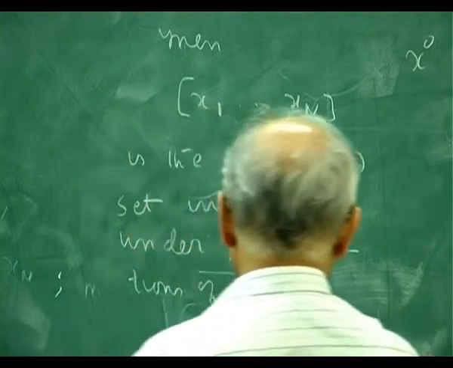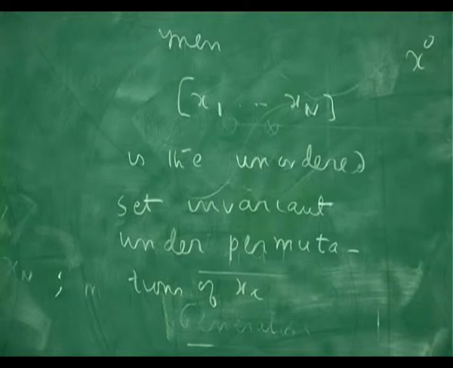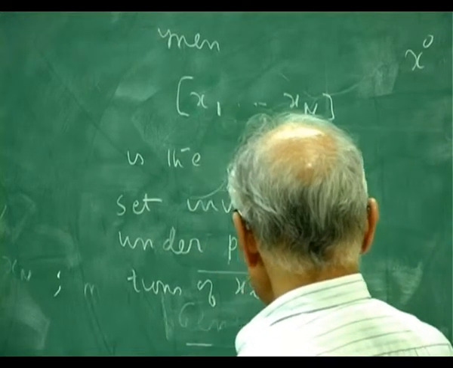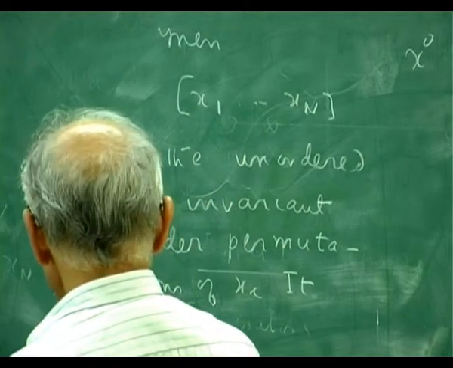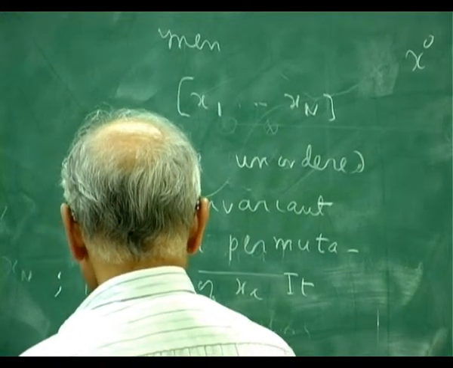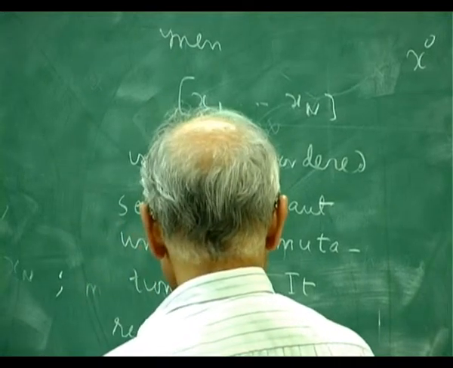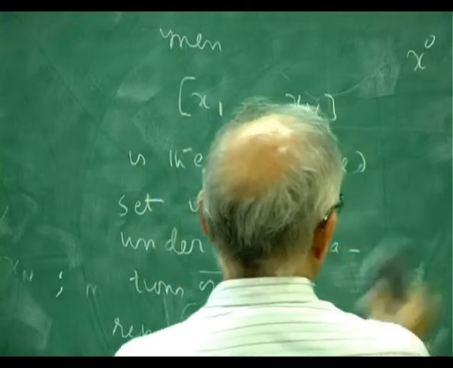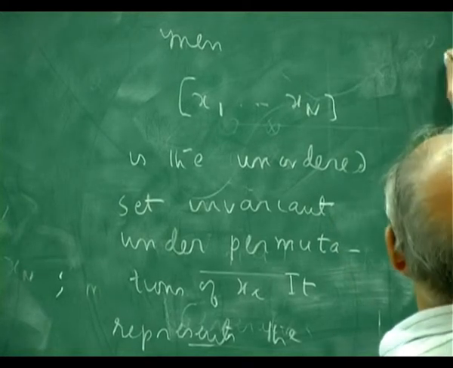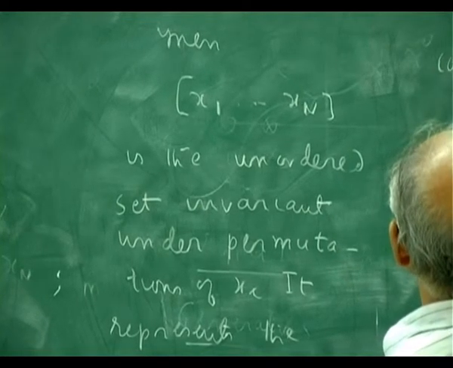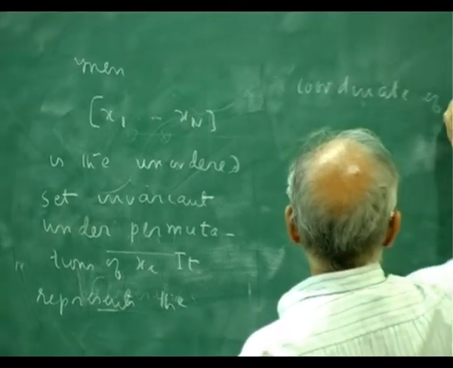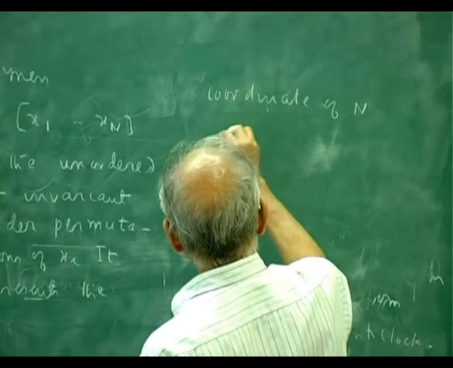There is a notation. The claim is that it represents the coordinates of n identical particles.